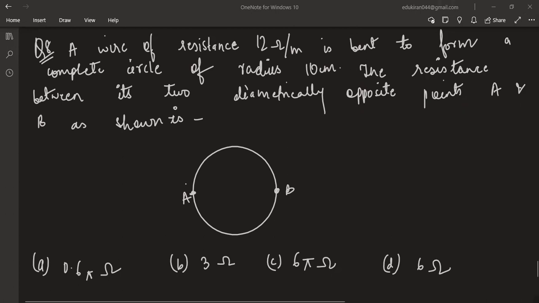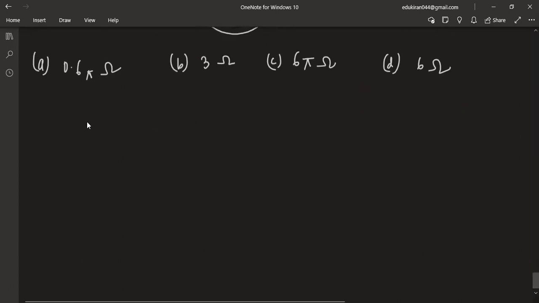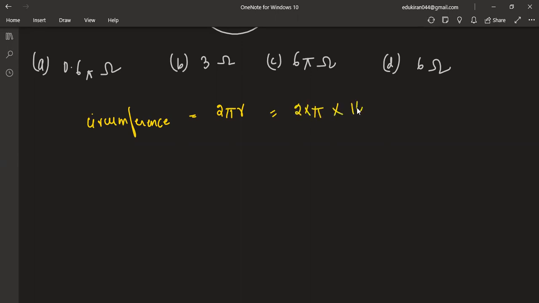Look, class, what is the circumference of this circle? 2 pi r, and the radius is given. Radius is 10 centimeter. So 2 into pi into 10 centimeters, divided by 100. So this becomes pi by 5. So the entire circle has pi by 5 meter.